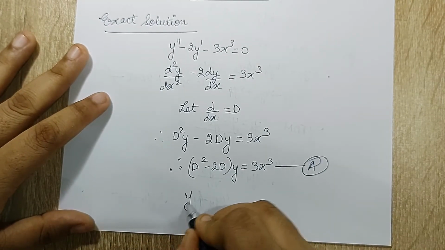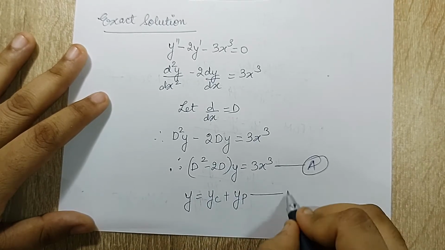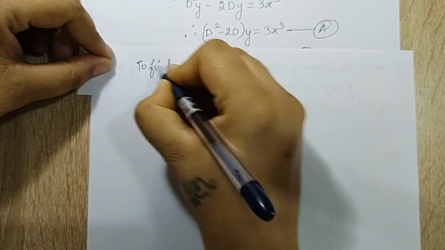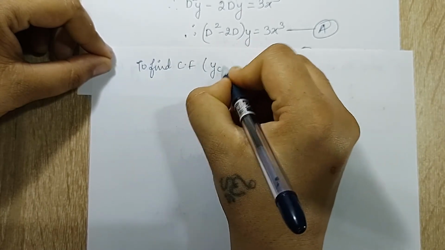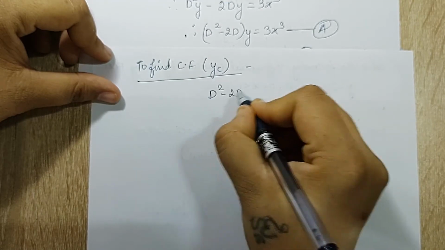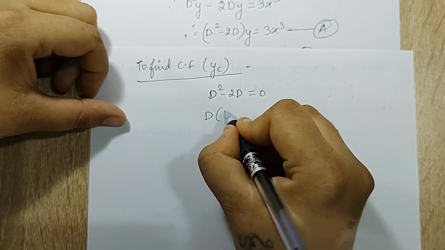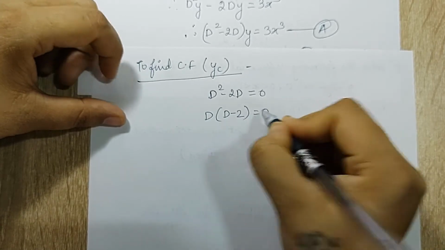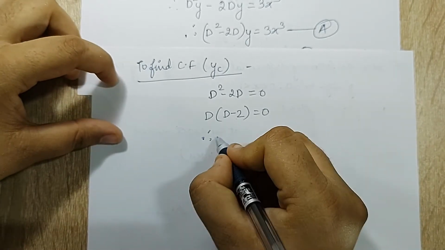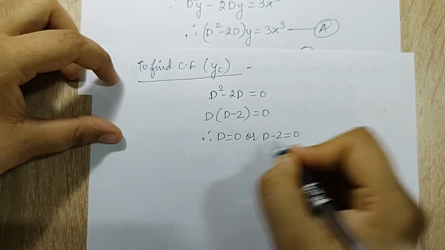The solution of y will be in the form of yc plus yp. I mark this as equation B. Next, I am going to find the complementary function, that is yc. I'll equate D square minus 2D to 0. Here if you observe, D can be taken common. I get D into D minus 2 is equal to 0. When I have a into b equal to 0, I can say a is equal to 0 or b is equal to 0.